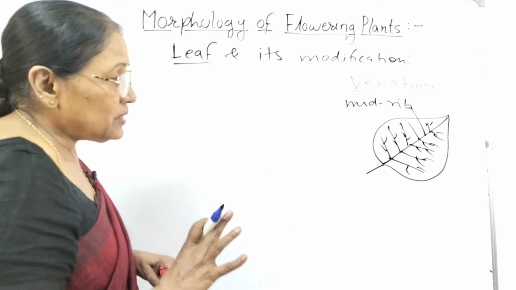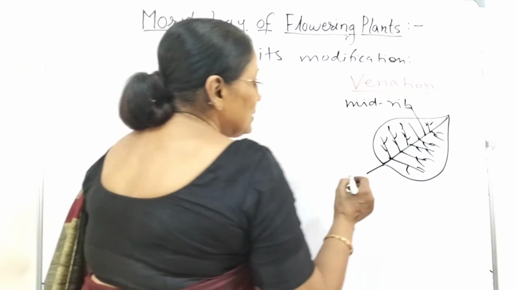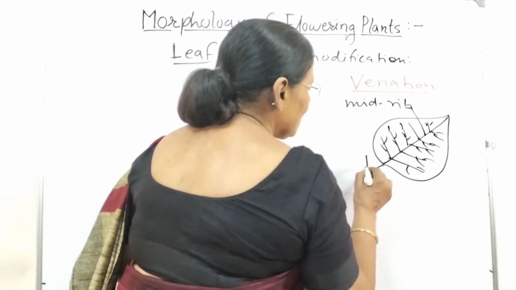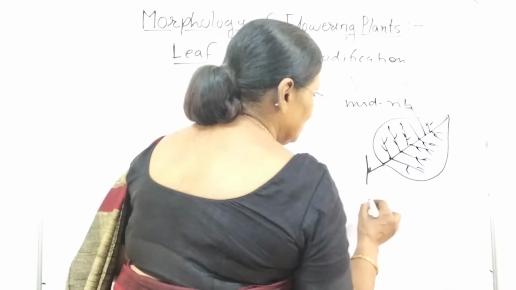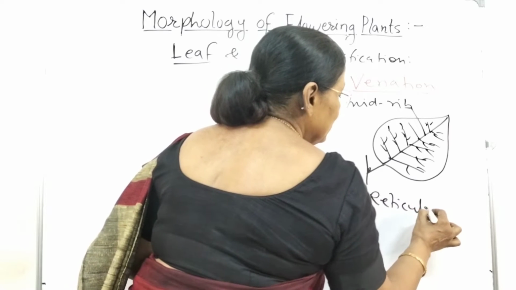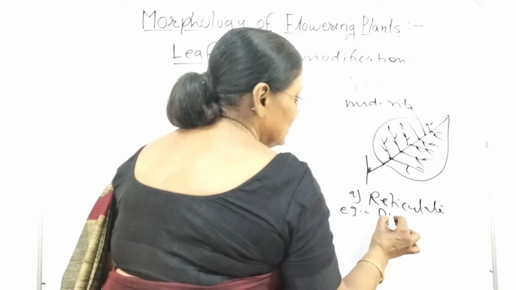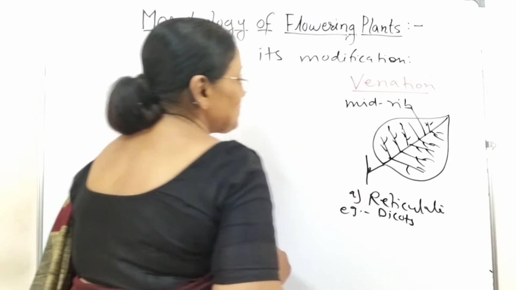There is only one midrib, which is the main one. So this is the reticulate venation. This is the first one, reticulate venation, and this is found in dicots.